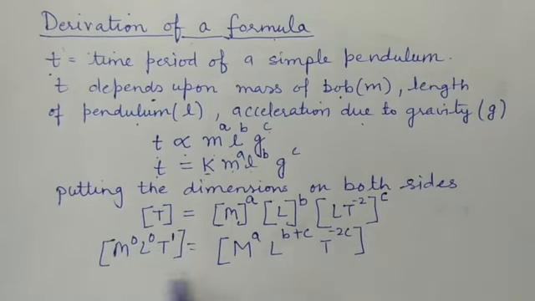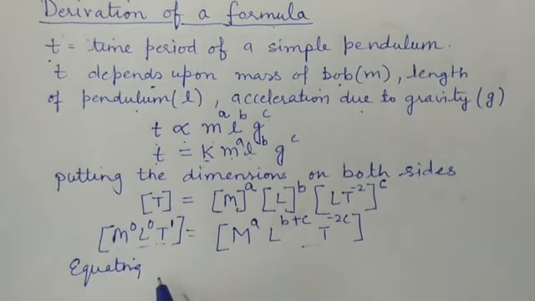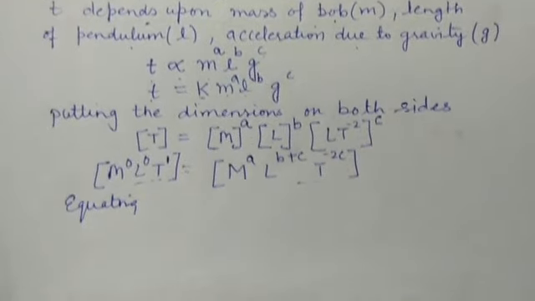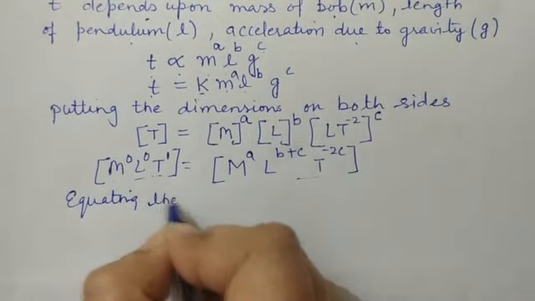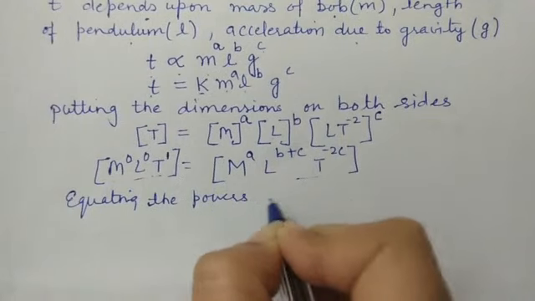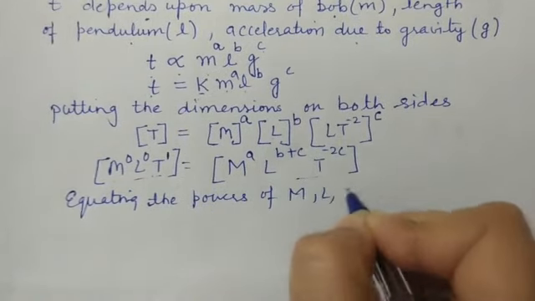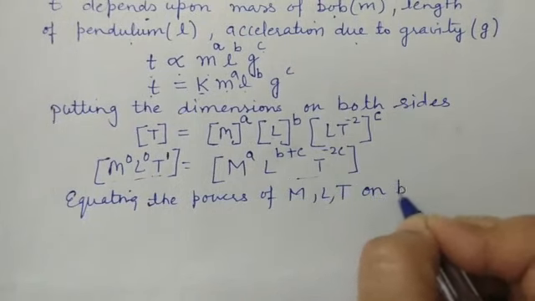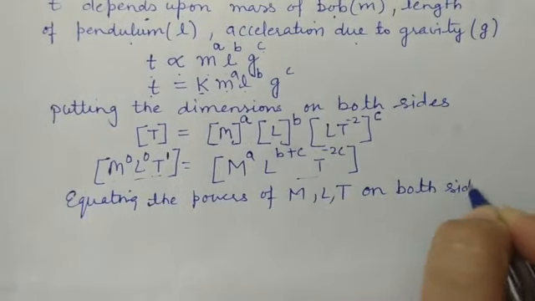Now we'll use the principle of homogeneity: if I'm equating this dimension with the dimension on the right-hand side, then the powers should be the same. So we write, equating the powers of M, L, T on both sides.